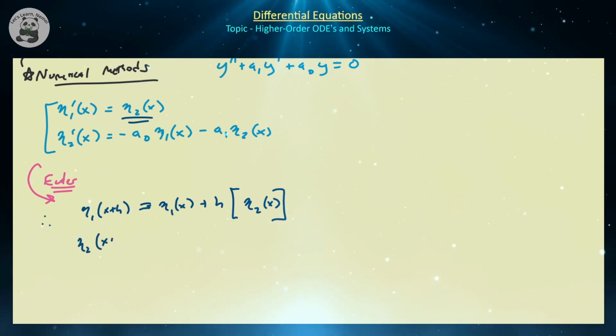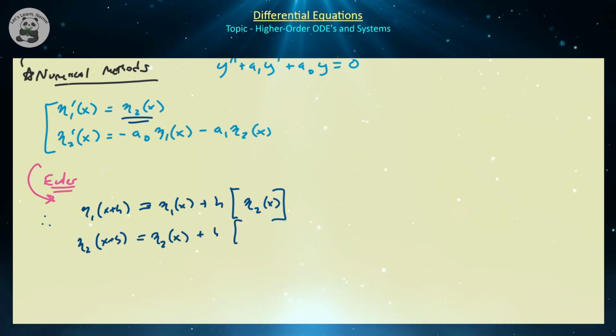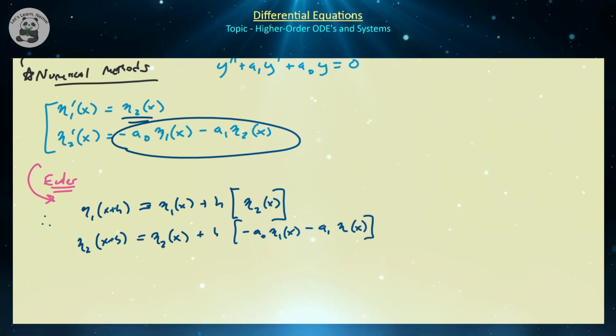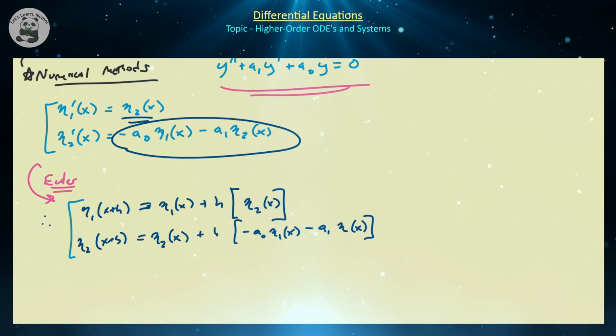And eta 2 of x plus h will be equal to eta 2 of x plus h times the right-hand side of that equation, which is just going to be minus a0 eta 1 of x minus a1 eta 2 of x. Agreed? So keep in mind that this is our differential equation in system form at least, and this is our original second order differential equation.